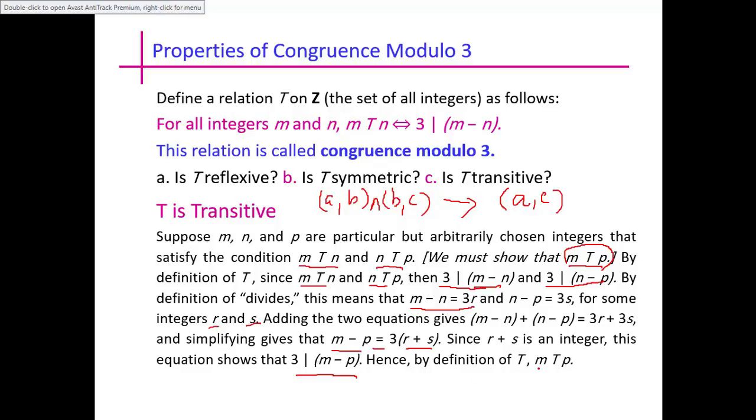So m is related to p, and since m and p are arbitrarily chosen integers, it is true for all integers m and p, and hence it is a transitive relation.